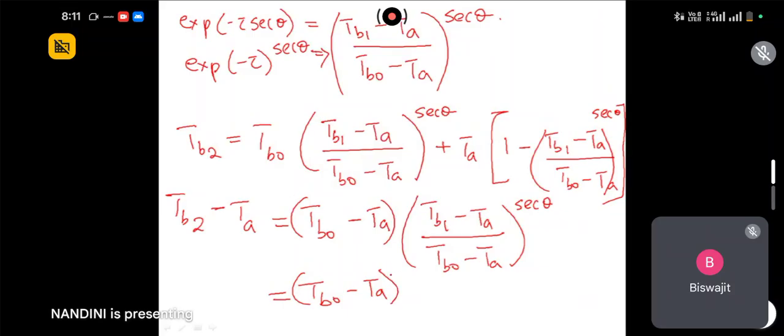So TB0 minus TA into this, and this will go. It will be 1 minus 1.154, which will be minus 0.154, into TB1 minus TA the whole raised to sec theta.